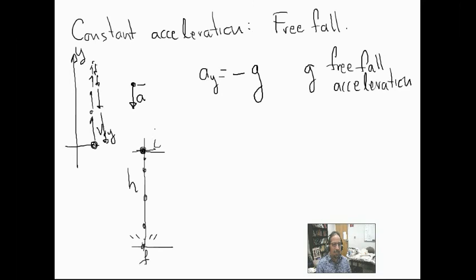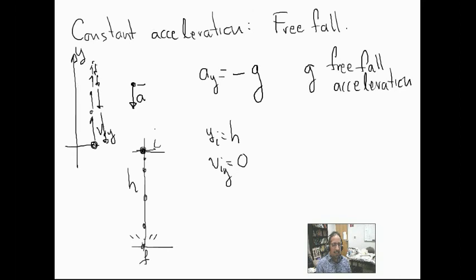The initial condition is as follows. y initial is equal to h. The initial velocity is equal to 0 because I just let it go, and the moment it leaves my hand, it was not moving, so it continues to be 0 up to the moment it starts moving.